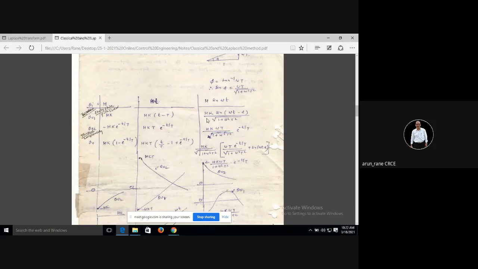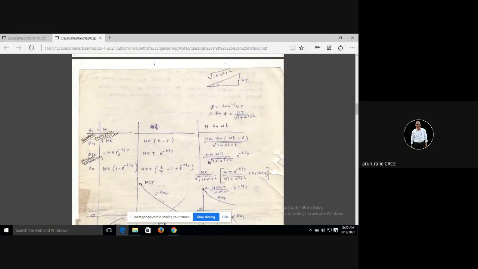Now here you have direct results. Like I told you, if the input is h, then in Laplace you get h by s. If it is ht, then you get h by s square.